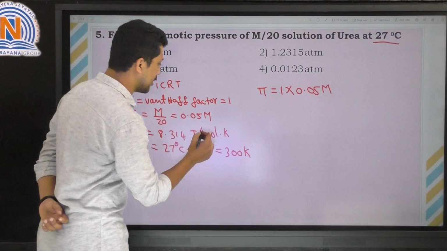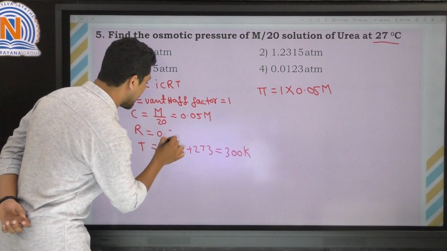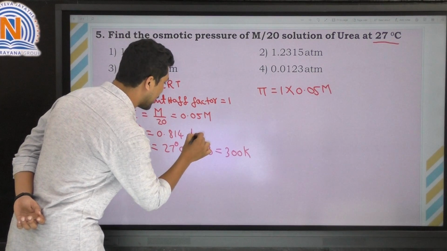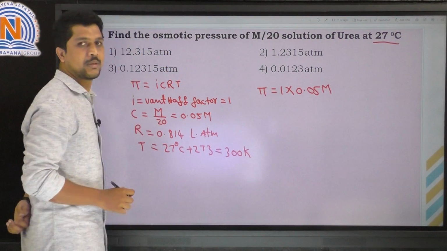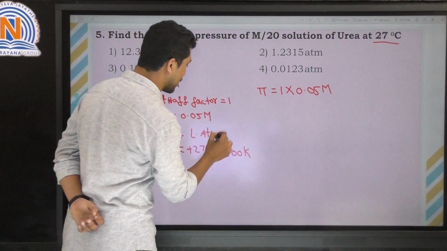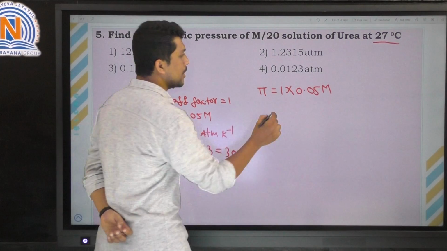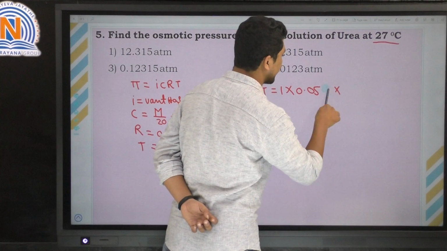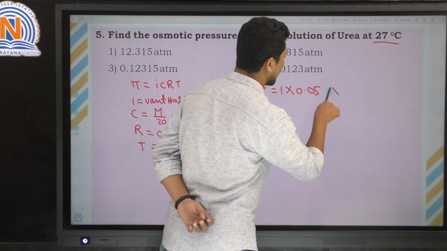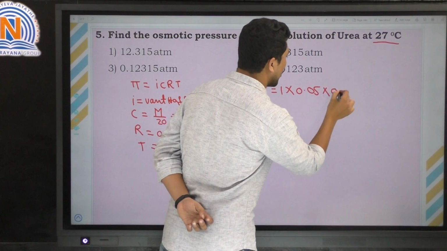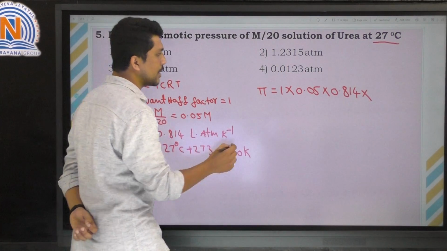We can write this in atmosphere as 0.0821 liter atmosphere per Kelvin per mole. Clear? And into the temperature 300 K.